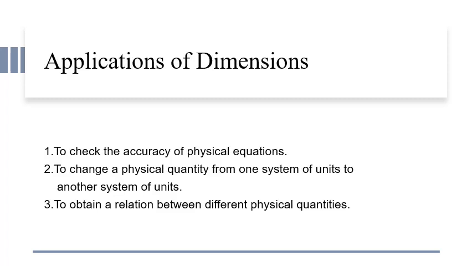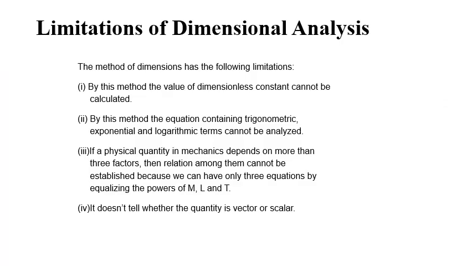What are the applications of dimensions? To check the accuracy of physical equations, to change a physical quantity from one system of units to another system of units, and to obtain a relation between different physical quantities. Let's see the limitations of dimensional analysis.